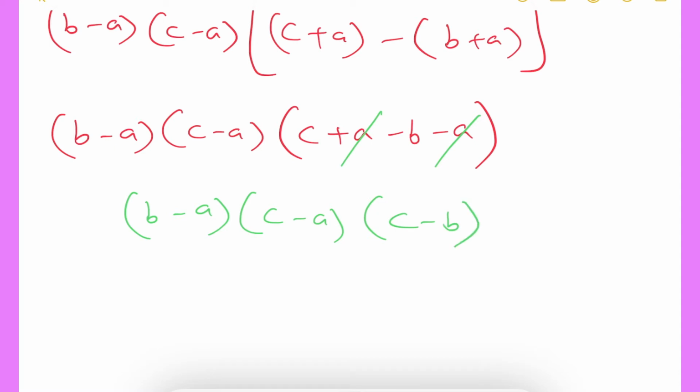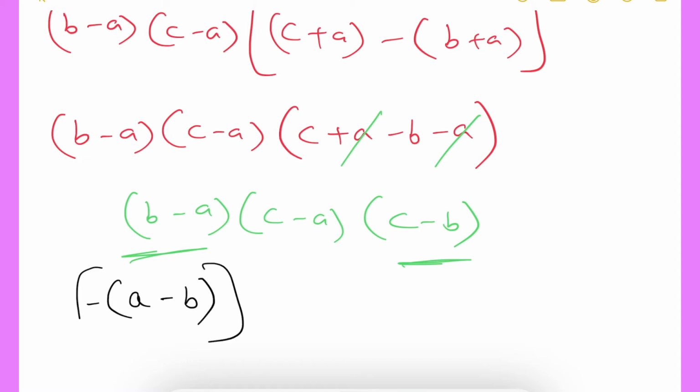But in the RHS he is asking us to show a minus b into b minus c into c minus a. c minus a is as it is, but b minus a is there, and we want a minus b. So I will take out minus common, then minus a will become plus a, plus b will become minus b.